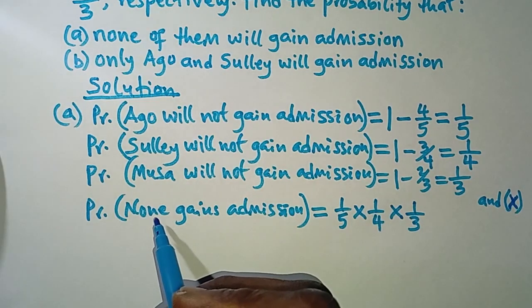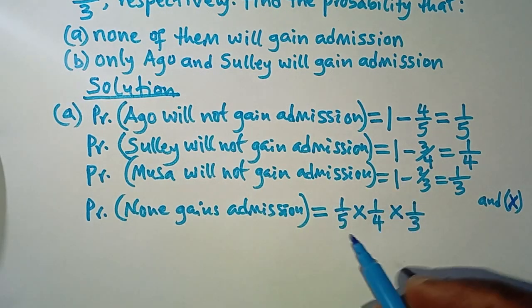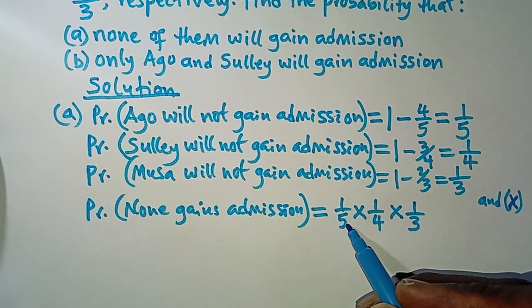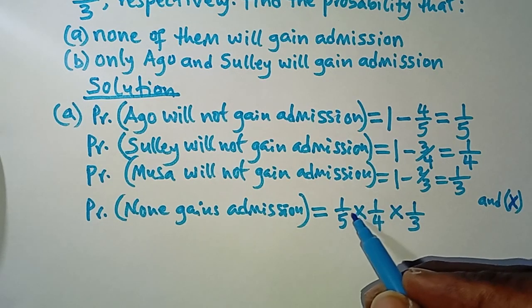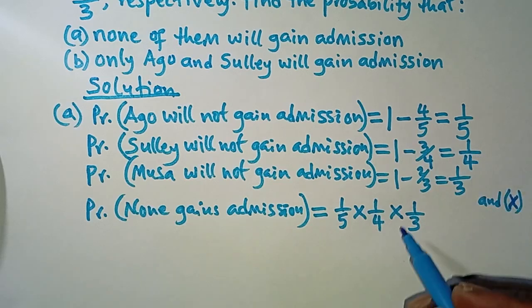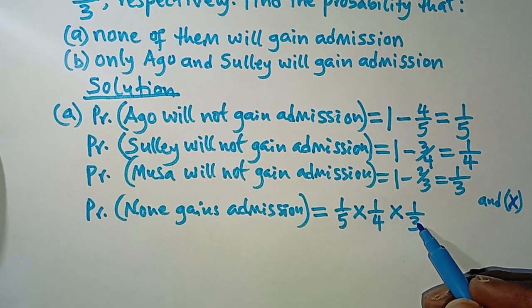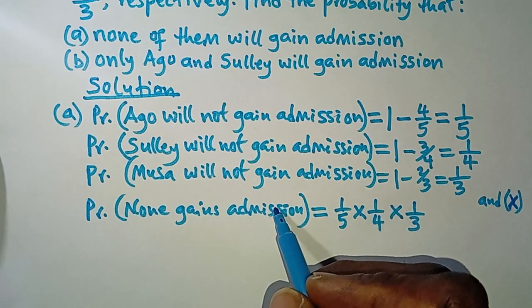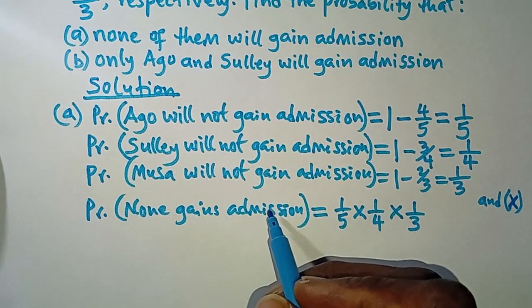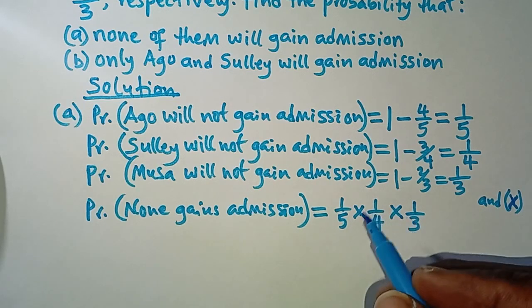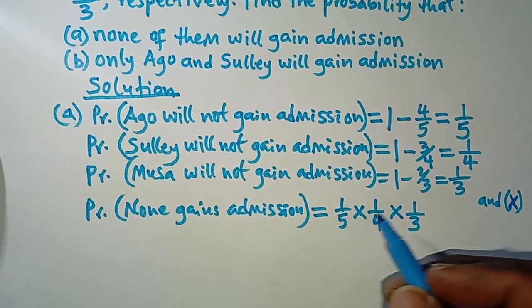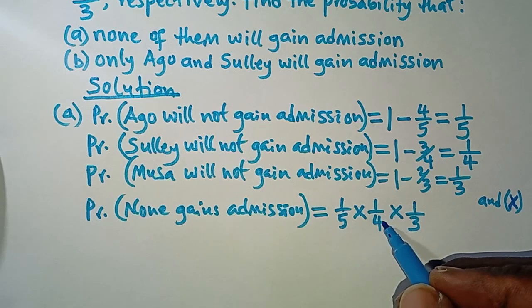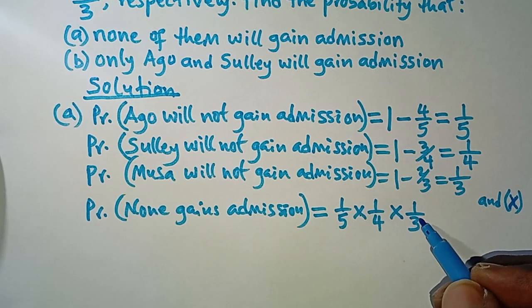So if you say none gains admission, it means Ago will not gain admission and Sule will not gain admission and Musa will not gain admission. So this multiplication indicates what this statement is telling us. So none gaining admission means the three of them will not gain admission, which means Ago will not gain admission and Sule will not gain admission and Musa will not gain admission.